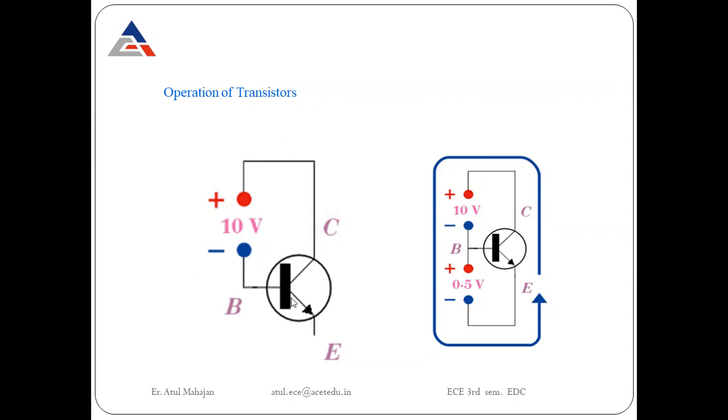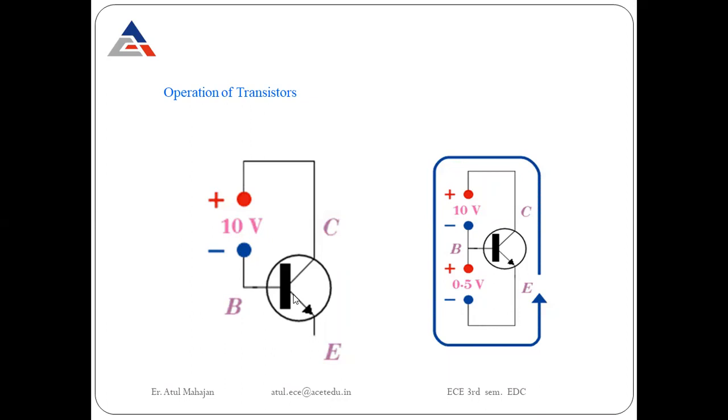So this is P, this is N, and this is again N. So it is an NPN transistor, and we are supplying a voltage of 10 volts. With this 10 volt supply voltage, we have a concentration of electrons and holes being generated in the NPN transistor.